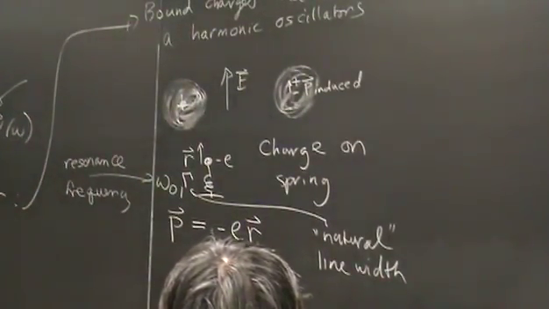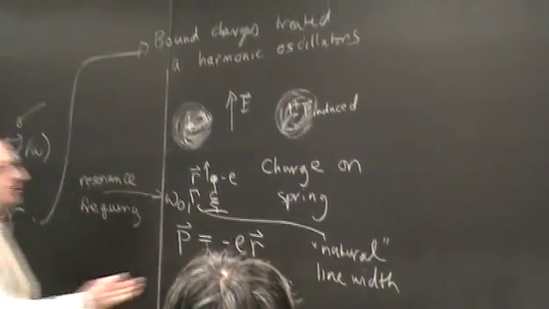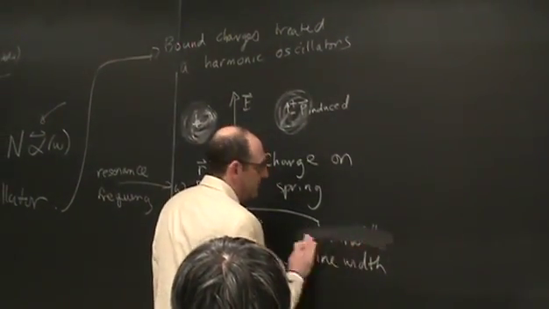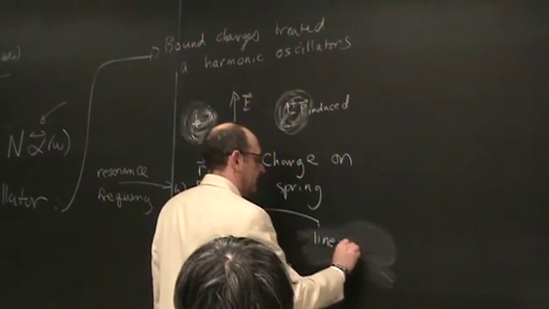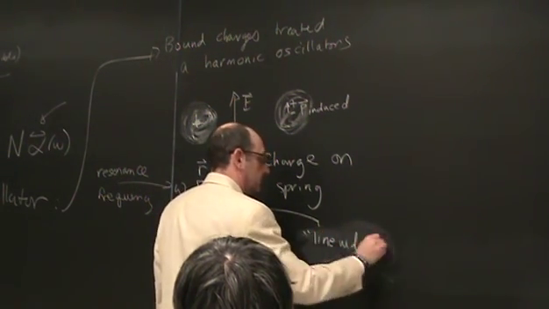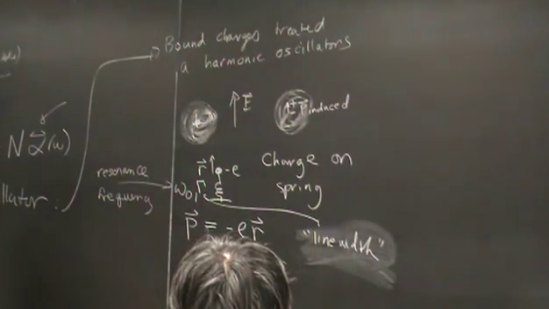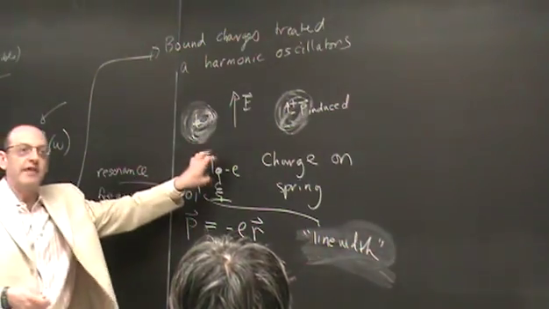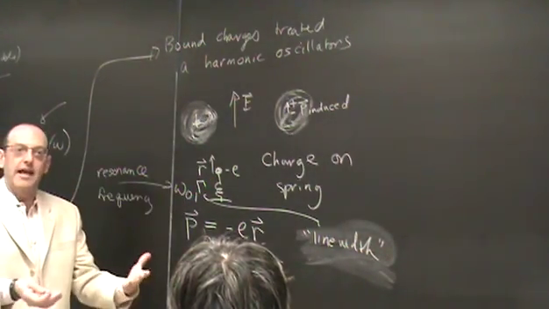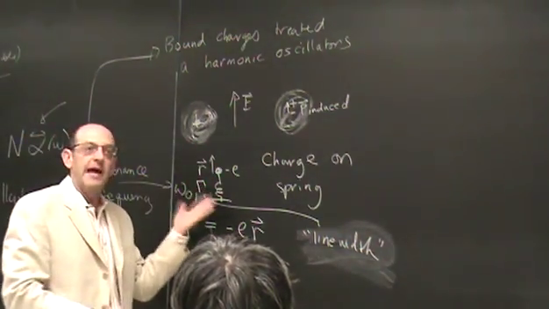It doesn't actually have to be the natural line width. It could be due to collisions. Let me just call it the line width, whatever is giving rise to that damping. There might be collisions between the molecules that would also tend to dephase the oscillator and cause it to decay. Whatever it is, it's got some damping rate.